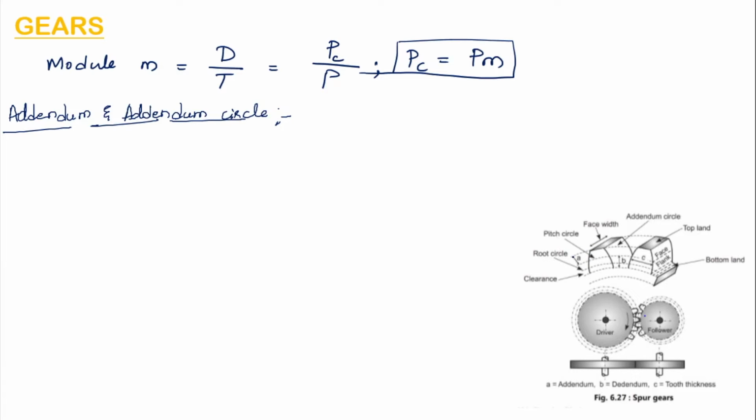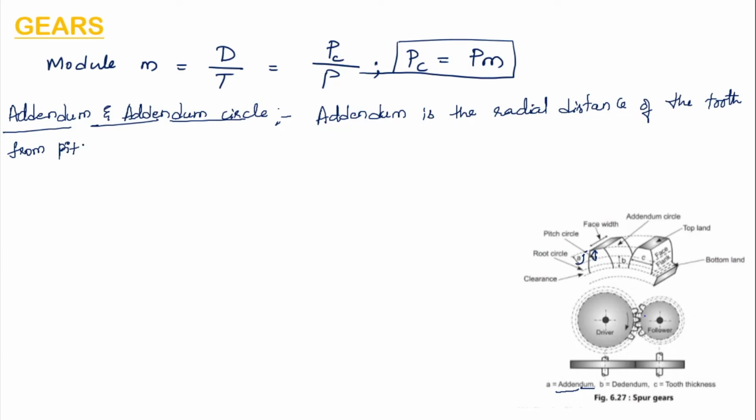Here you can see this is the addendum, which is A. So from the pitch circle, which passes through the center of the tooth itself, to the topmost end of the tooth, whatever the distance is, that radial distance is called the addendum.